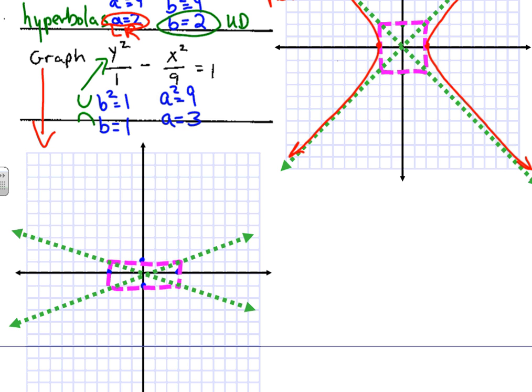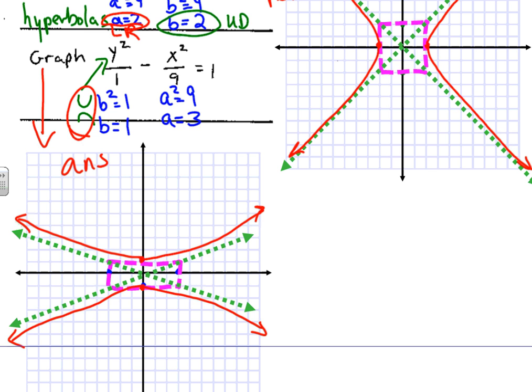And there. I may not have quite gotten right where I wanted to be. And so then my answer for this one, I had already established that it was going to be an up and down hyperbola. So I go from there. Ooh, and it's also quite flat looking. And that is the hyperbola for that one.